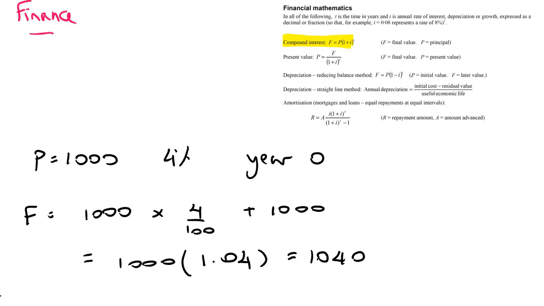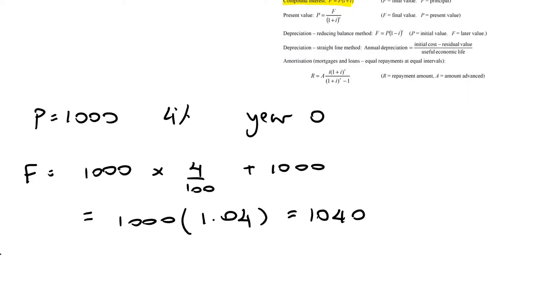If you were to keep that money in for a second year, then the interest rate that the bank is going to give you, let's say it's still 4%, that is going to be charged on the new principal, which is 1,040, not the old principal, which is 1,000.